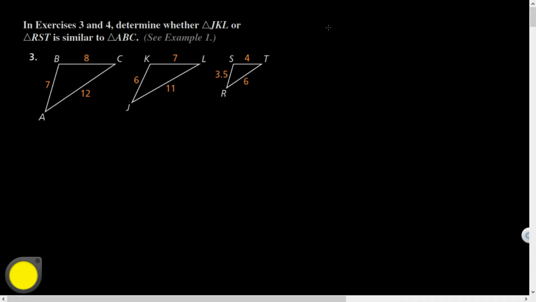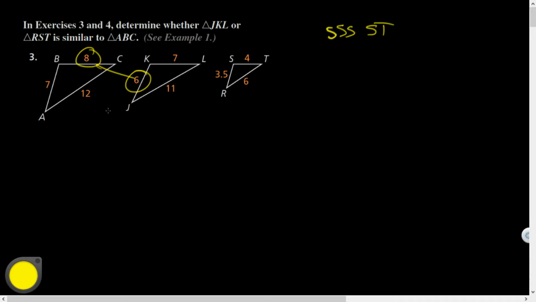I could compare sides and consider the possibility of side, angle, or sorry, no. It was the side, side, side similarity theorem, right? So let's see if we can compare sides. How do I know which one to compare the 8 to? Should I compare the 8 to the 6?